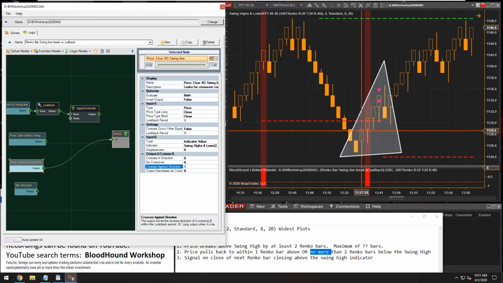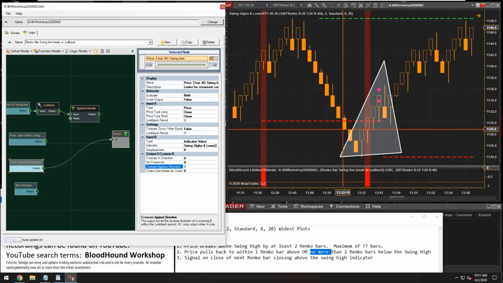Now price is crossing up, but we're getting a short signal as if it was a cross down. So that's how we're able to find this crossing up, as opposed to the typical default of looking for something to cross down and get a short signal.